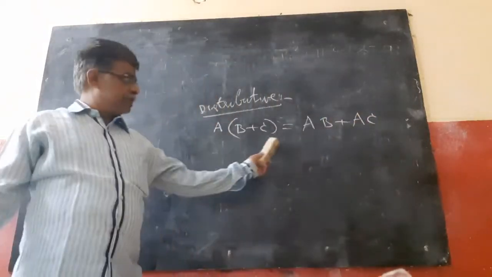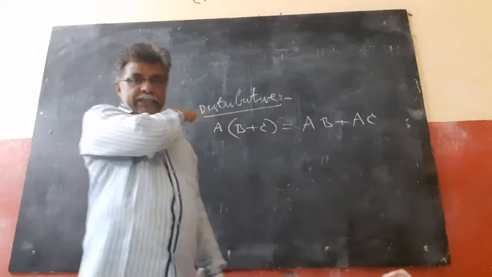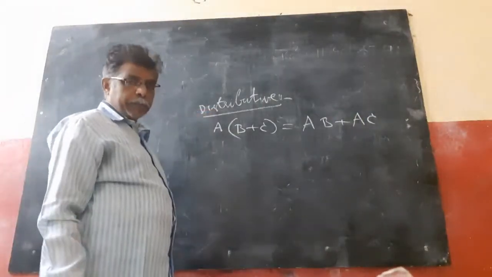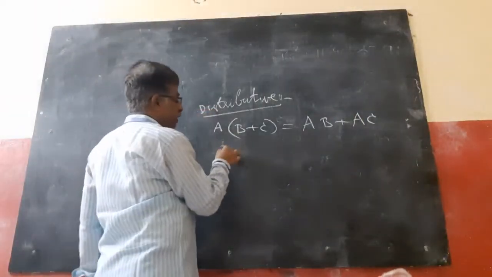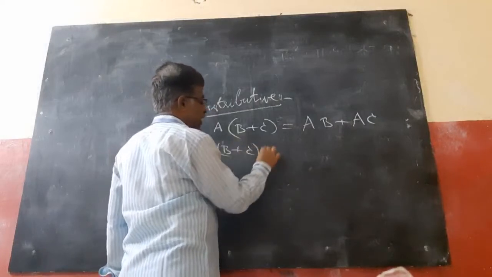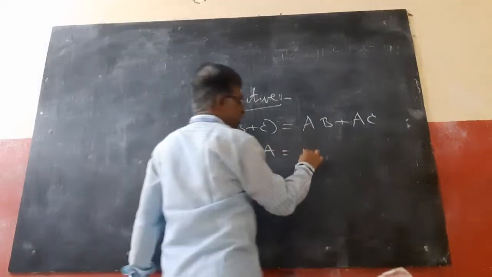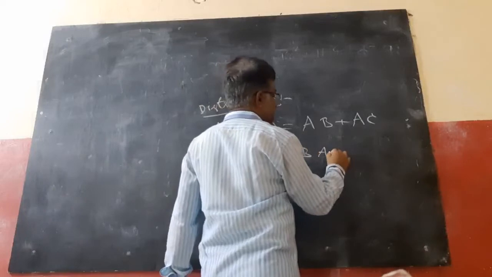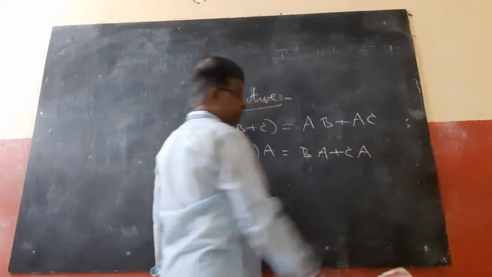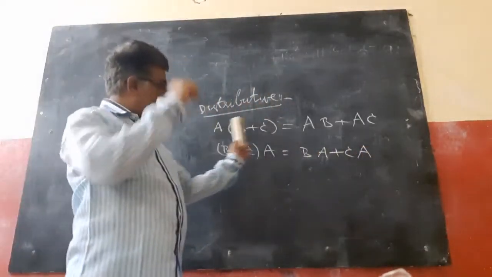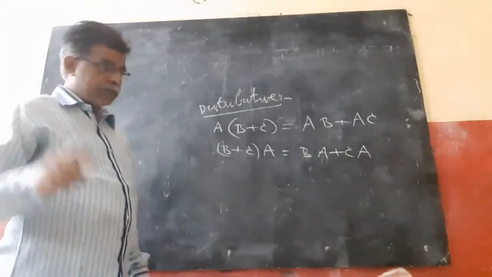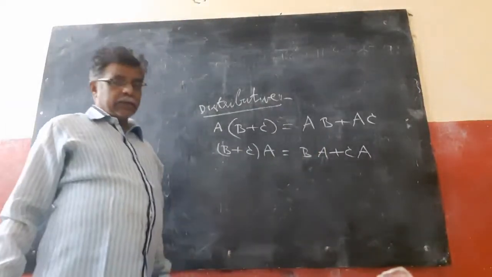This is the distributive property you can write. But for B plus C into A, you can't write AB. You should write BA plus CA. Left-hand and right-hand multiplication is most important. You should write that on that side only.